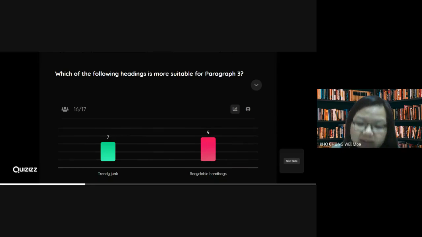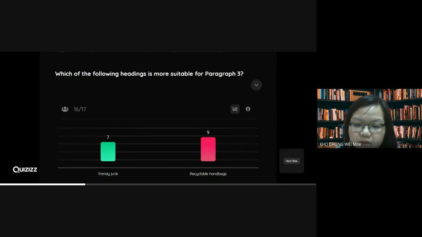Number 1, yes, it is about turning old car plate numbers into handbags, but the problem is that the handbags are not recyclable. It means that the handbags cannot be recycled. The handbags are made from recycled materials. So that explains why recyclable handbags cannot be the title for this particular paragraph.